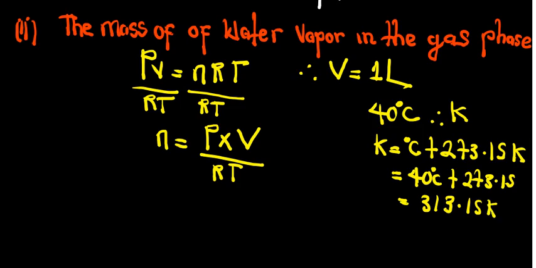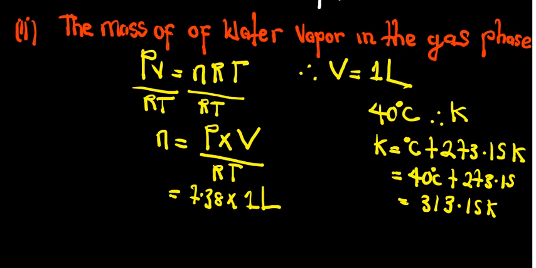So now, what is the pressure? The pressure of the water vapor was given in the question, and it was given as 7.38 multiplied by what volume? We're using a volume of 1 liter, right?